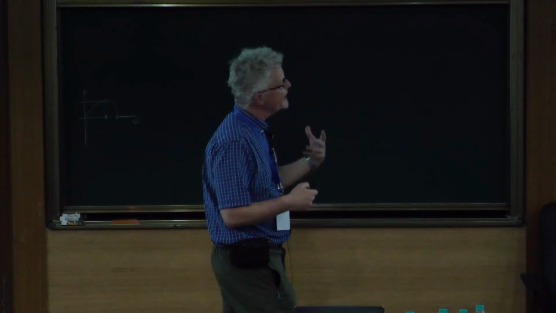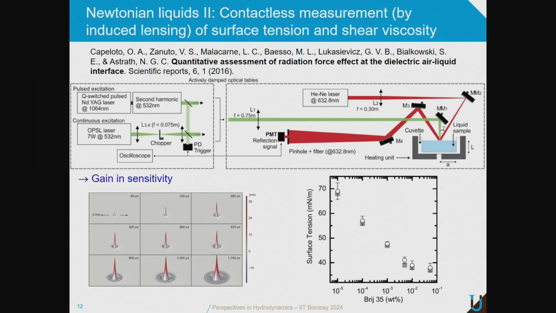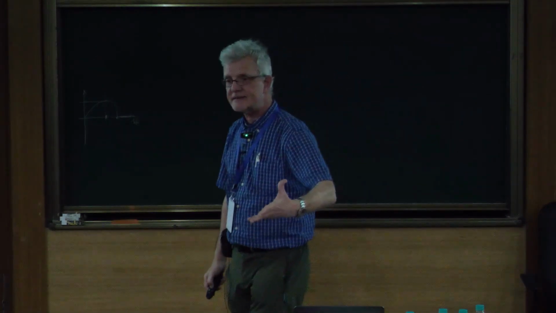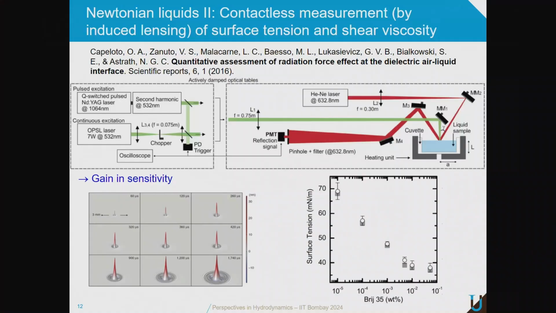So they try to increase this deformation by the lensing effect. They use here laser pulses, but this is just to get intensity in order to get higher deformations. And of course, they try to measure the surface tension.